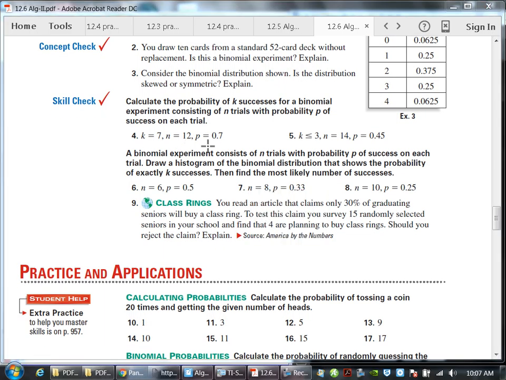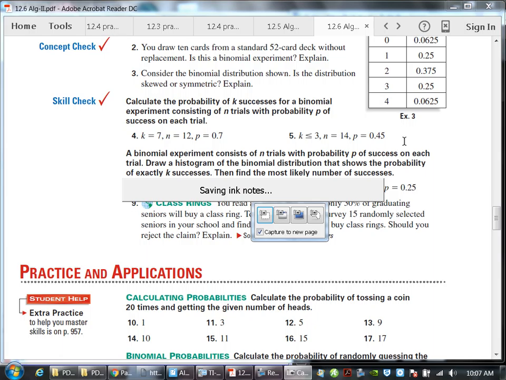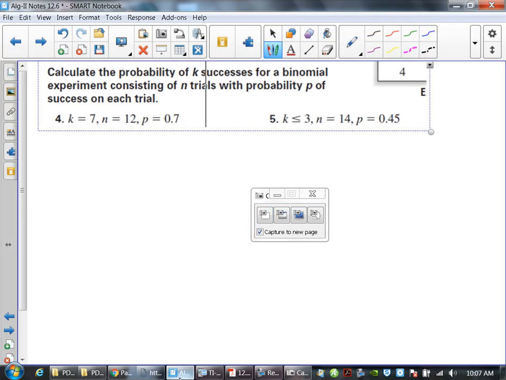Let's look at these 2 real quick. If I'm looking at these 2, I'm not going to use the formula. I'm going to use my PDF or my CDF. Calculate the probability of k successes for a binomial experiment consisting of n trials with probability p of success on each trial. A k value of 7, an n value of 12, and a p value of 0.7.